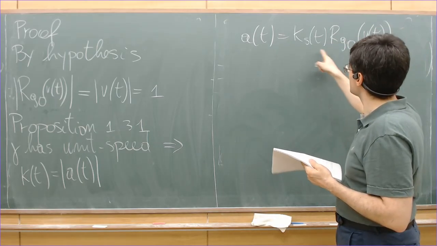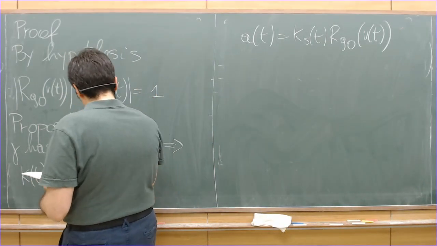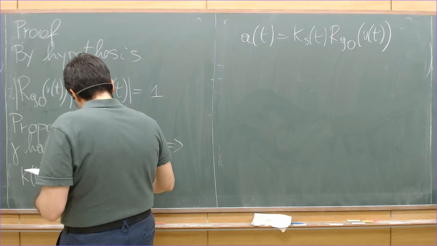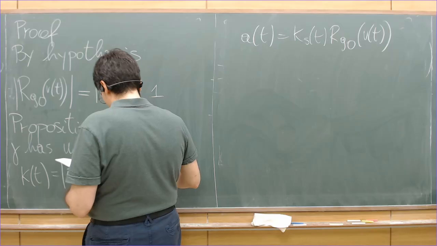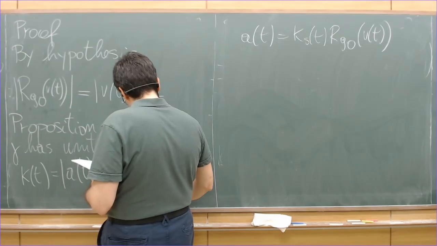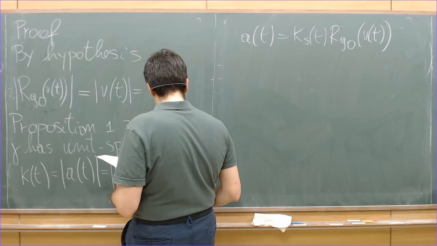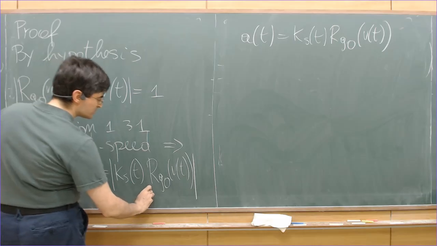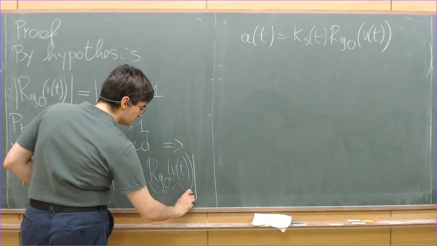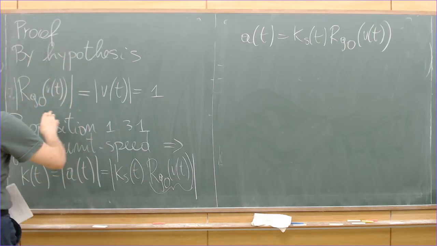These two vectors have the same length. So this is equal to the length of ks(t) times R90 V of t. But this vector here has a length equal to 1, as written here.